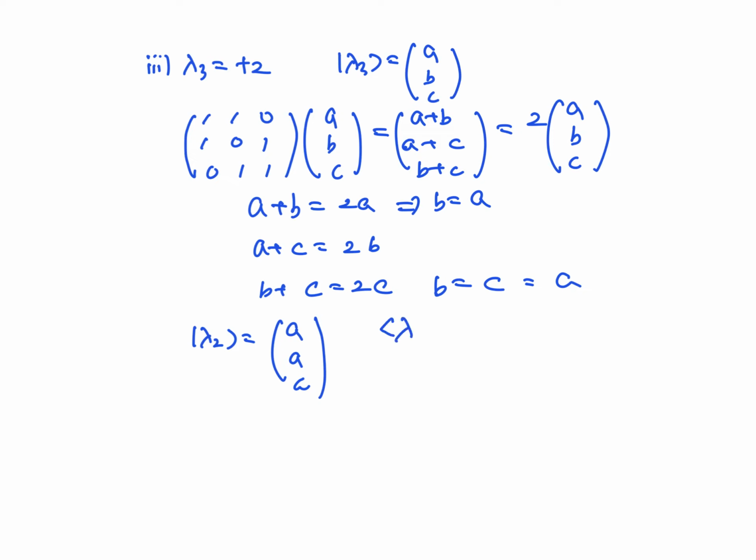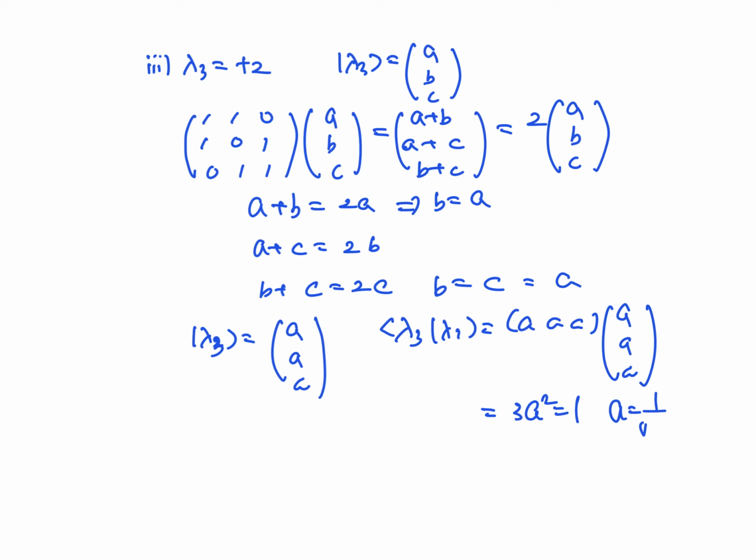So lambda 2 is actually A. So square root of lambda 3. Lambda 3 is A. 3A squared is equal to 1. A is square root of 3. Let me double check before I proceed.